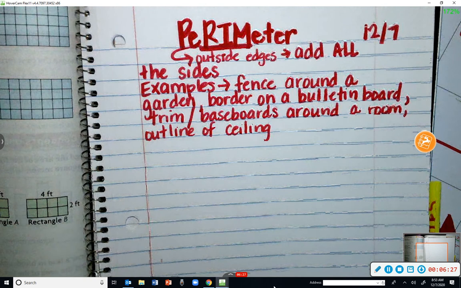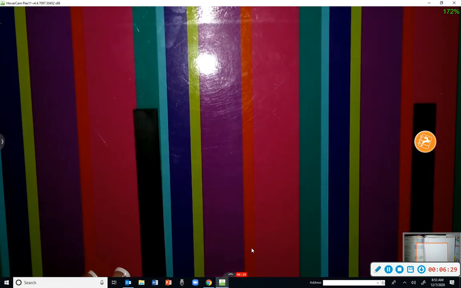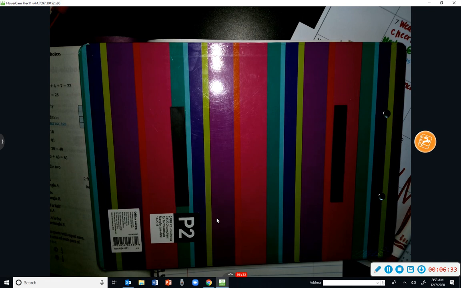So if I have this clipboard, if I want to measure the perimeter of this clipboard, what would I do? The perimeter, what would I do? Hello, what would I do? That's not a trick question. We just did several examples. Brandon.